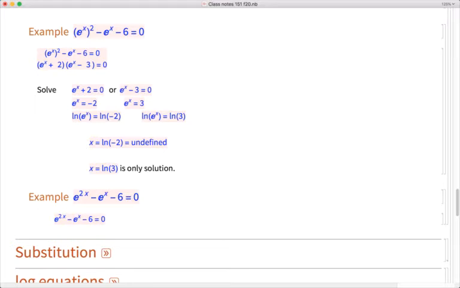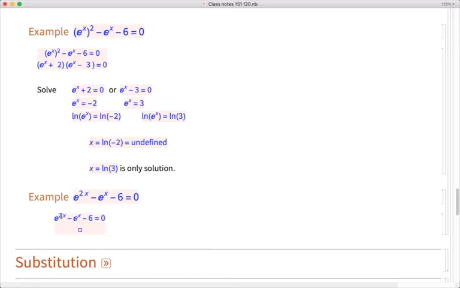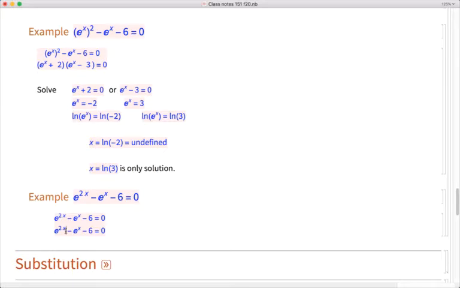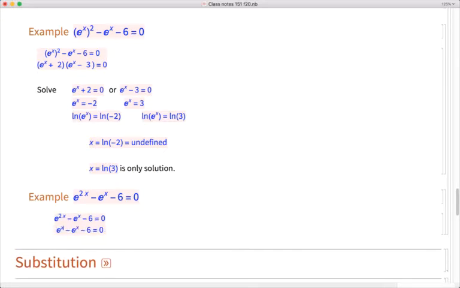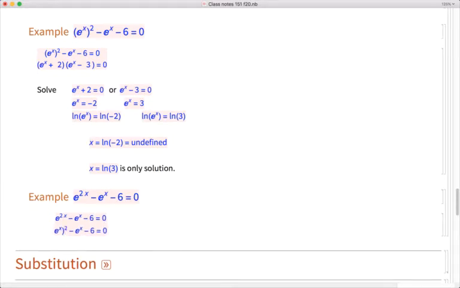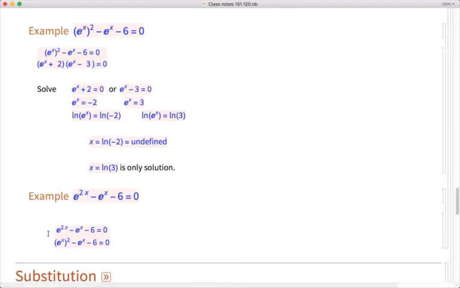To recognize that this is quadratic type, you need to be able to apply this rule of exponents. You need to be able to say to yourself, oh, this e to the 2x is exactly the same thing as e to the x, squared. So you need to be able to make that transition onto the explicit form for quadratic type on your own.